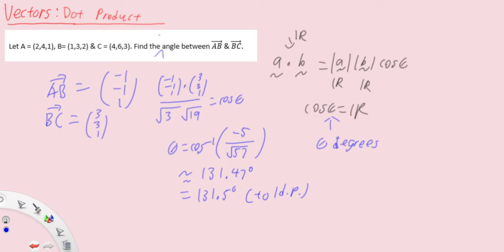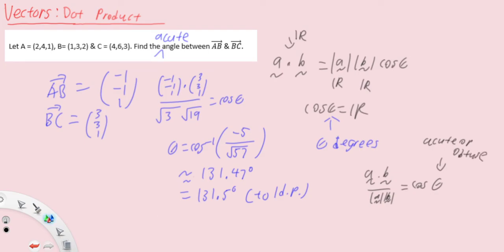But if we want to find the acute angle instead, then we would apply a modulus, right? So the trick is the modulus of A dot B, over mod A mod B, gives us the angle. Otherwise this theta could be acute or obtuse.